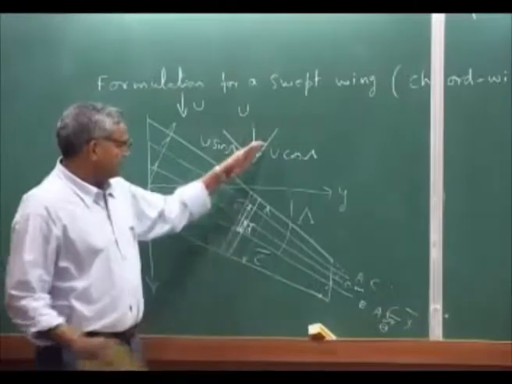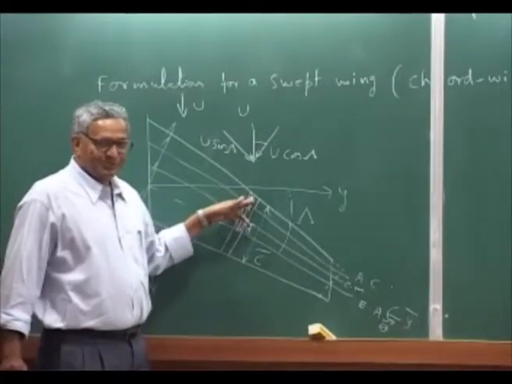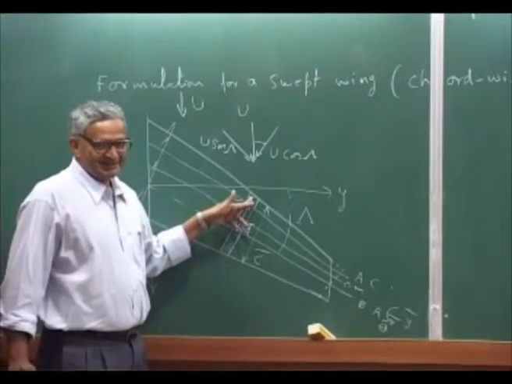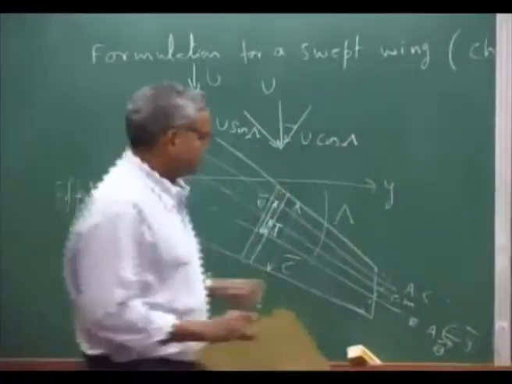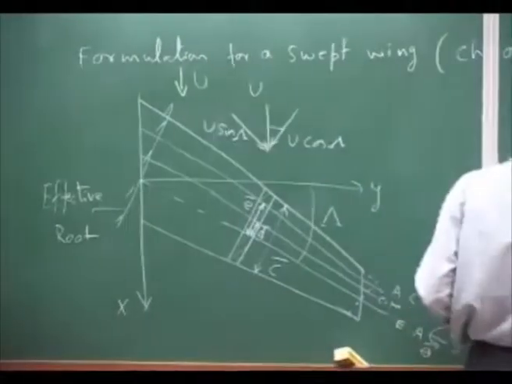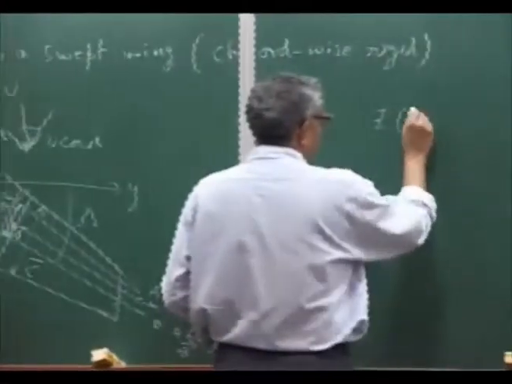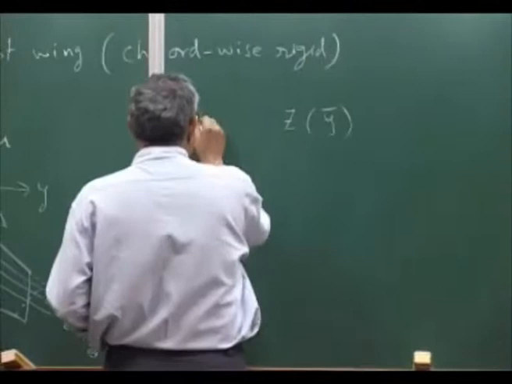So the oncoming flow normal to the leading edge, I take it as U cos lambda, and now I get my distributed lift.